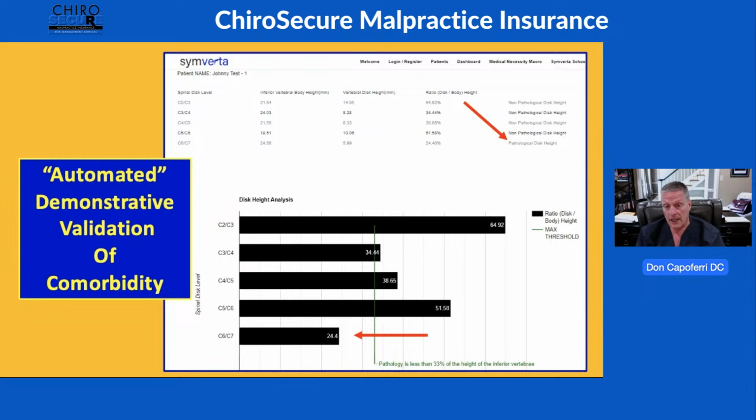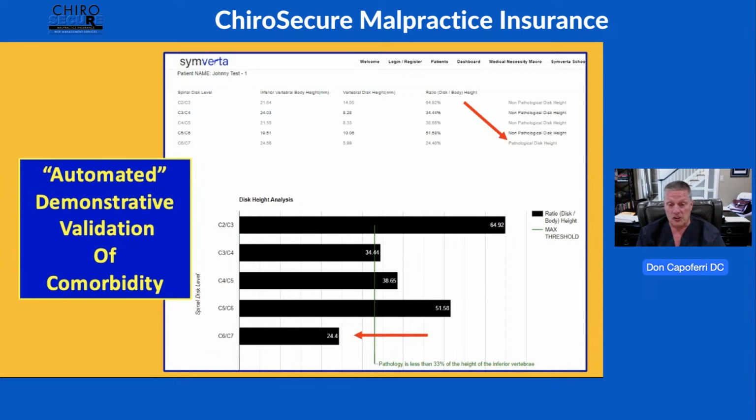So how do you do that? Well, you can take an upright standing lateral cervical x-ray, measure central disc height, and then measure the height of the vertebral body below. If the ratio is 33% or higher, that's a healthy disc. 33% or lower is a pathologic disc.